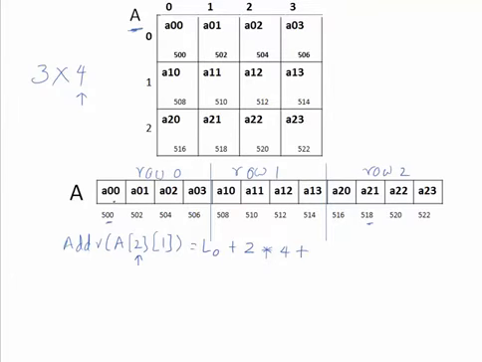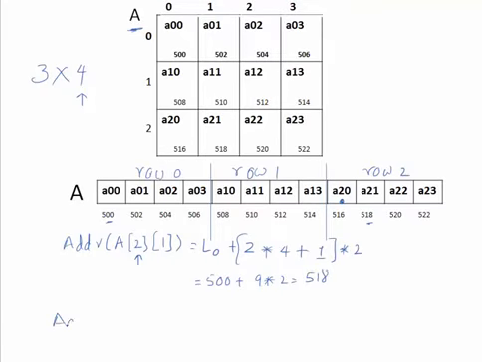Now when you skip two rows, you will be at the beginning of the third row, that is row 2. Now you have to move one element ahead, so that is 1. And this whole thing is multiplied by the size of integer. So this gives 500 plus 9 into 2, that is 518. So this is how it gets the address.